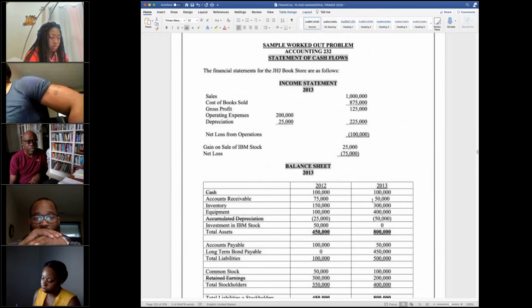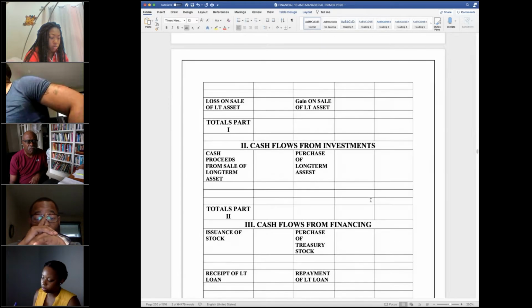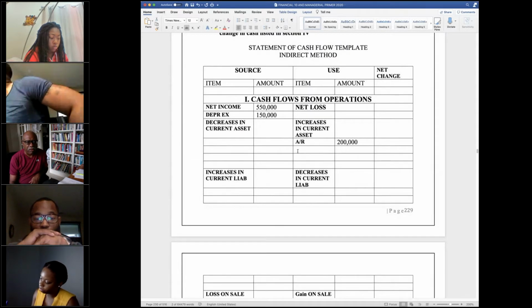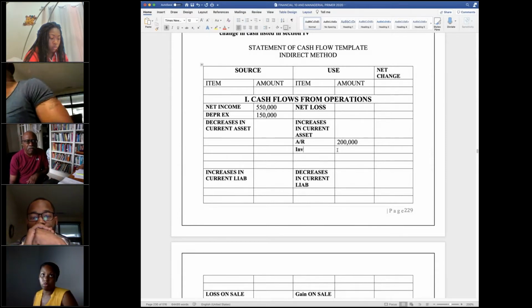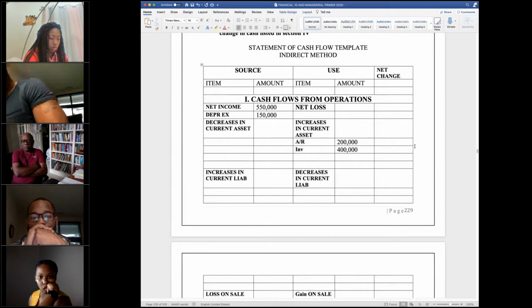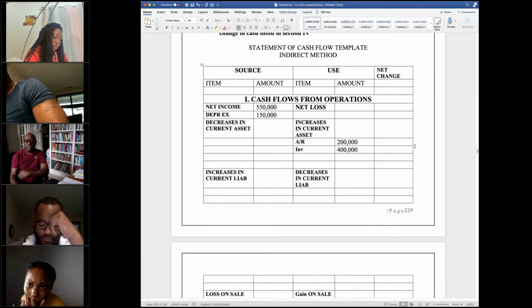So we're going to go up here, right under the accounts receivable, and put inventory. We're going to put 400,000. Nothing magical. And the accounts are kind of in order: the assets, then current assets, long-term assets, current liabilities, long-term liabilities, stockholders' equity.